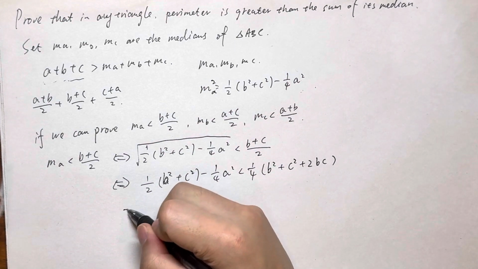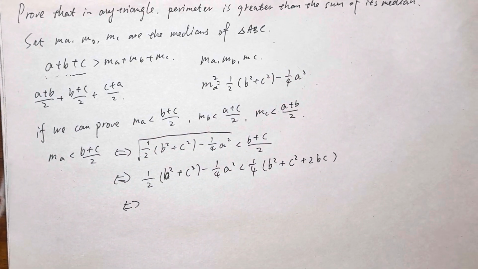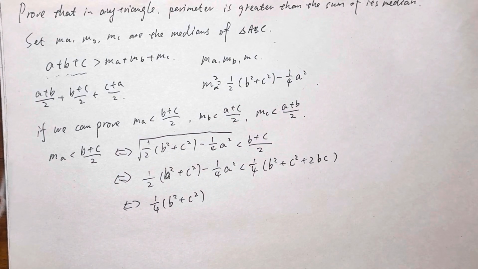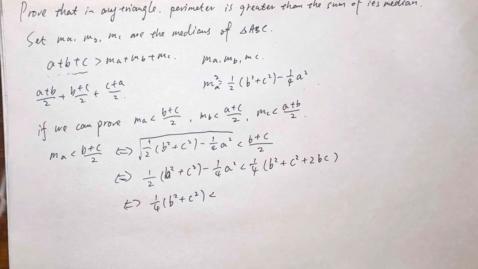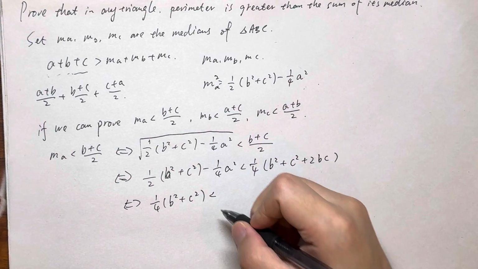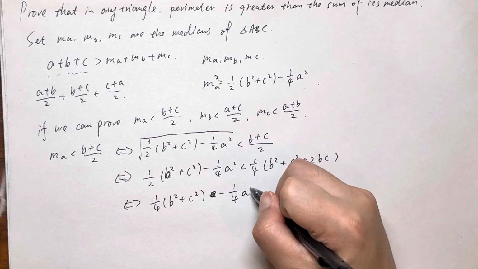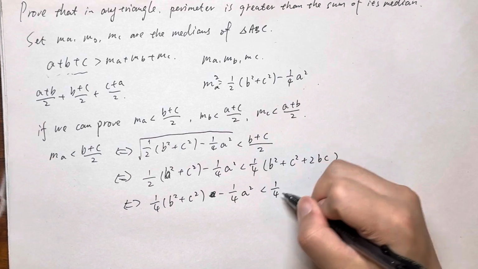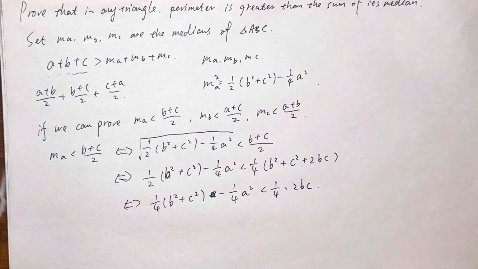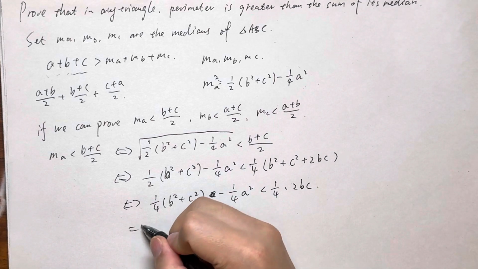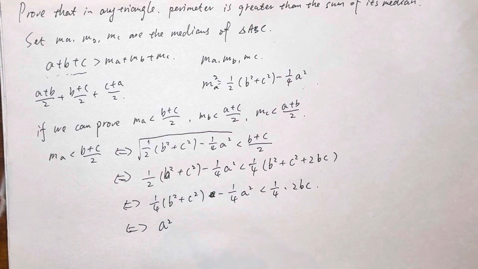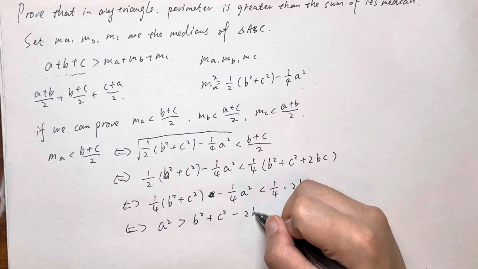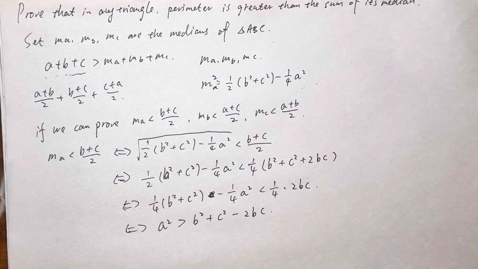Which is equivalent to proving that, actually minus, this one is less than a quarter times 2bc, which means we need to prove that a squared is larger than b squared plus c squared minus 2bc.